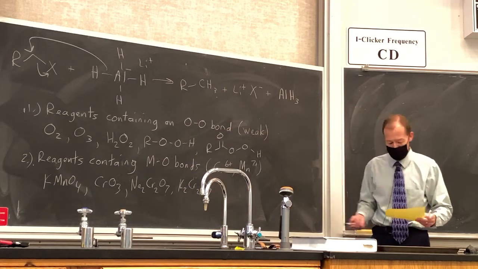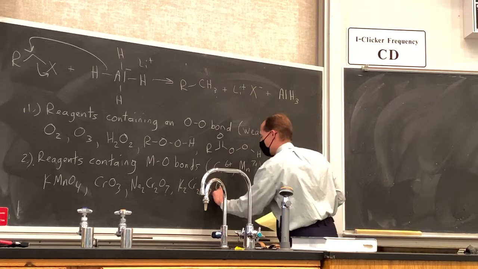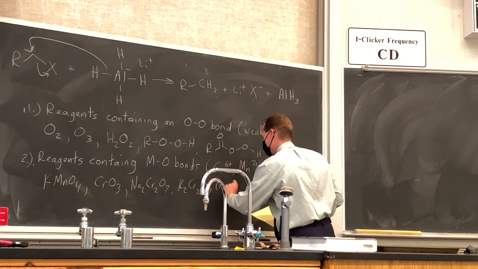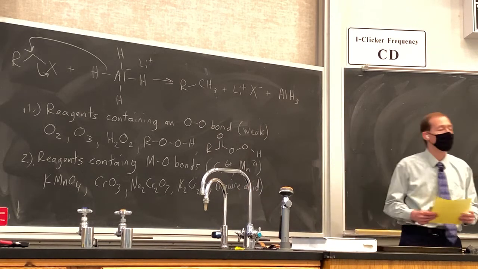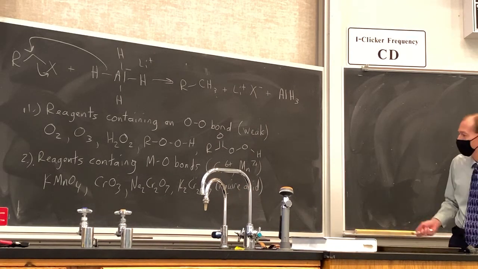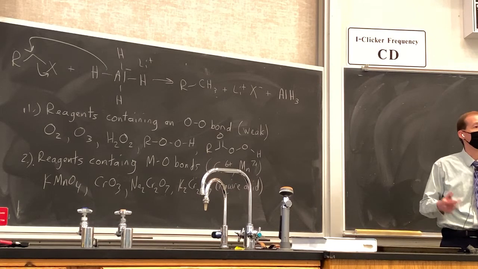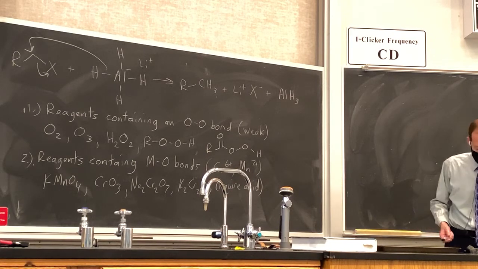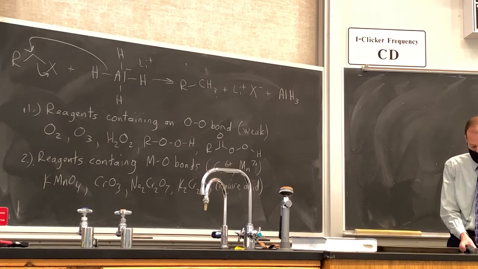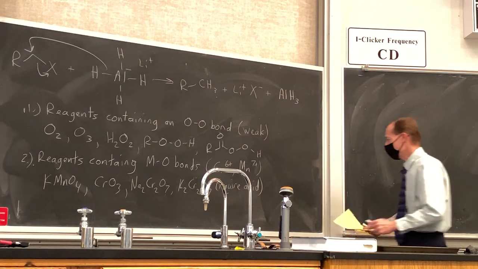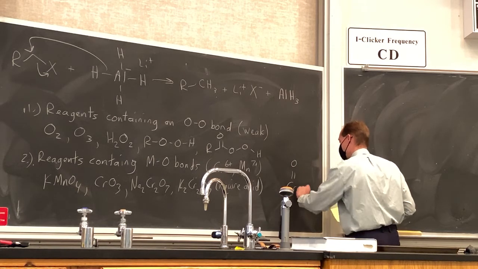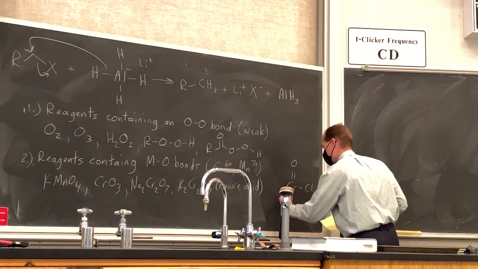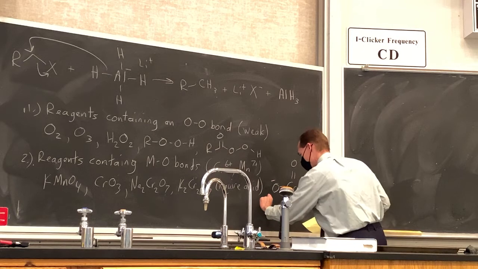These chromium-6 reagents all require acid in conjunction with them in order to perform oxidation reactions. We'll talk more about that on Friday. These are involved in the oxidation of alcohols. But then there's a special chromium reagent that doesn't require acid.